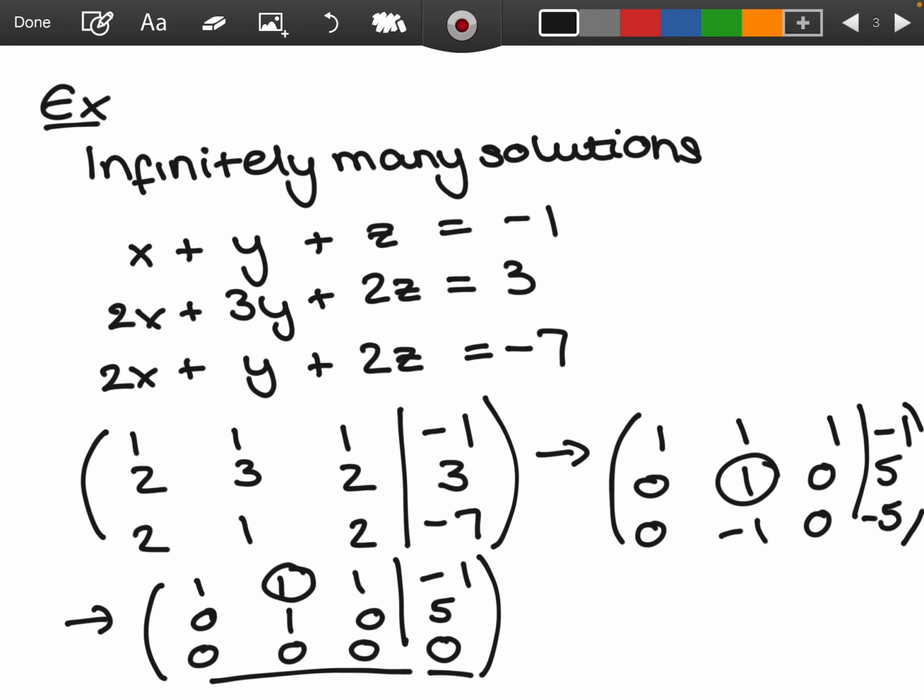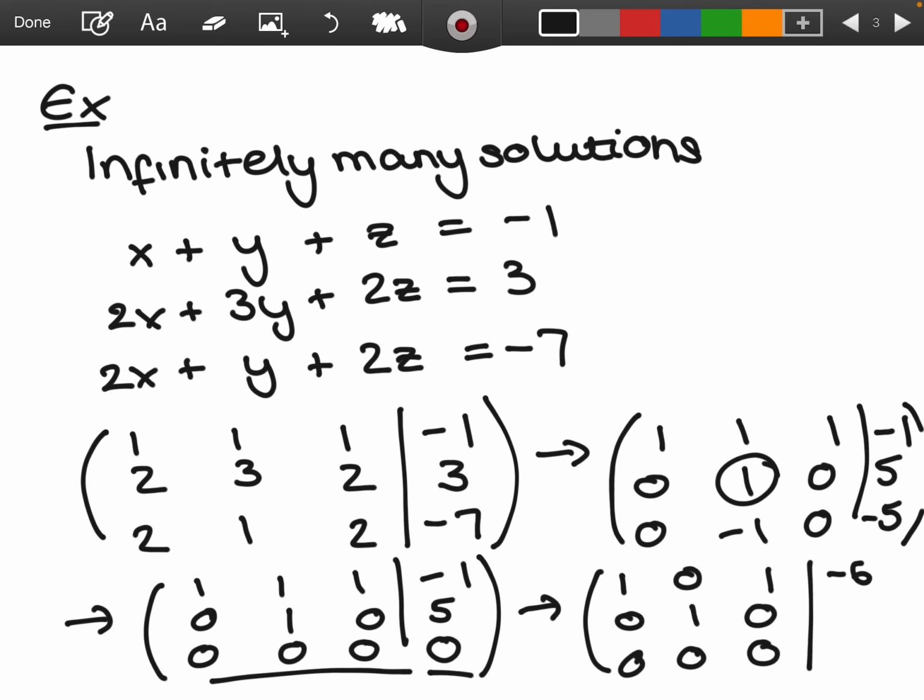For my second pivot, I still have a non-zero entry above it at this point, so I need to get rid of that and make it a 0. I'm going to do row 1 minus row 2. That's what's going to make it a 0, and I should get this matrix. And that's as simple as I can get this. I've done full forward and backward elimination here.